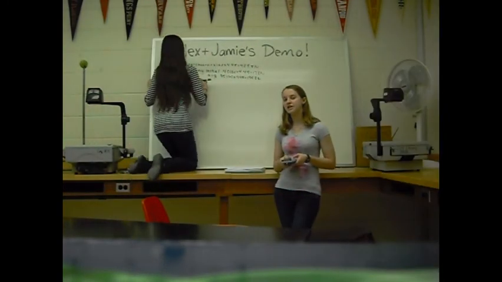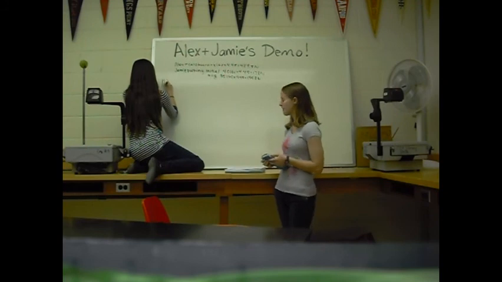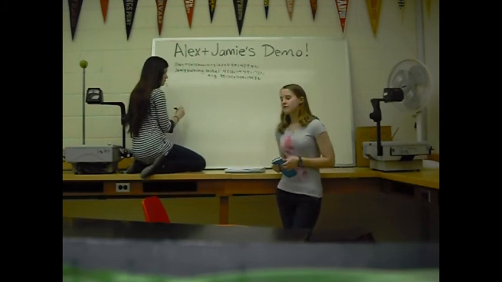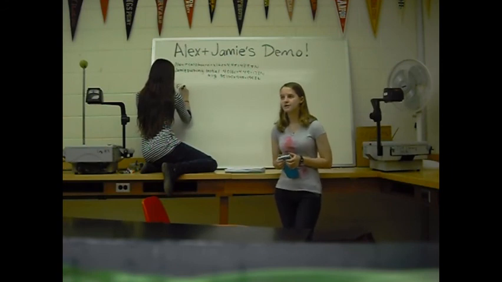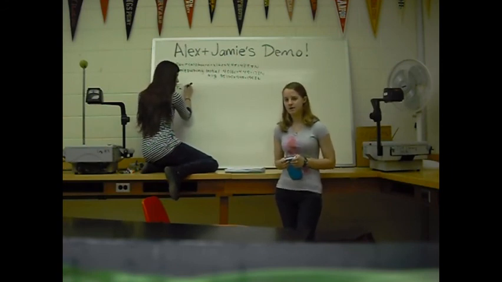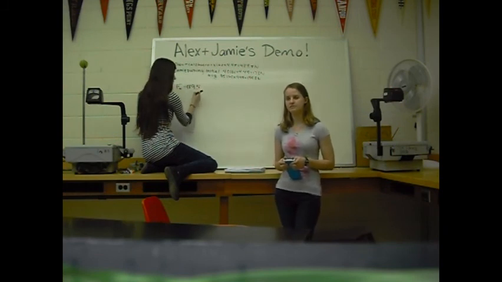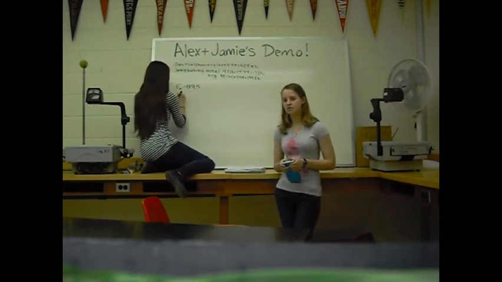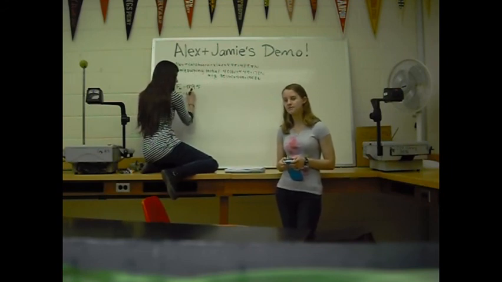Okay, for our first calculation, we're going to find the coefficient of static friction. Now, in order to find the force of friction, you take the force applied minus the force of friction equals mass times acceleration. In this equation, there was no acceleration. I was moving at a constant velocity the entire time.